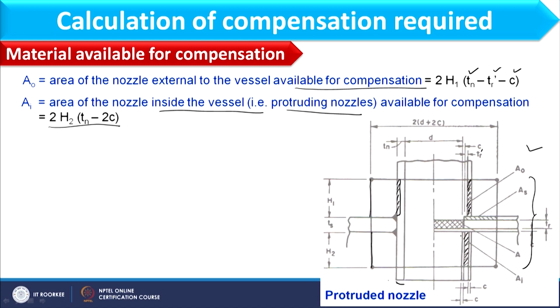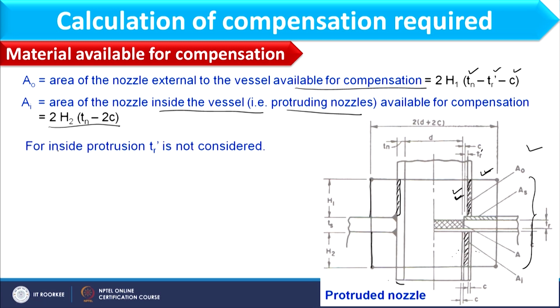Because in this protruding type, as this length of the nozzle is inside the vessel, both sides of it will be in continuous contact with the liquid. Therefore, it will be corroded from both sides together. However, it will not happen in the outer length of the nozzle because that section will be in the atmosphere, and only the inner section will come into contact with the fluid. So, corrosion will occur at one place only there, and here at both places.